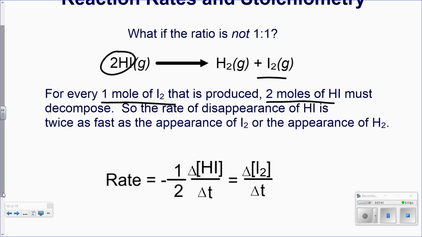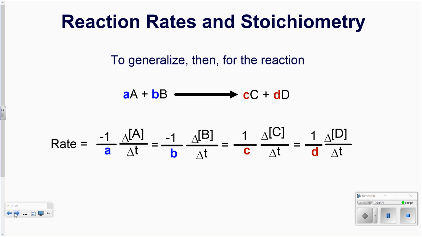So the rate of disappearance of HI is twice as fast as the appearance of I2, in this case, or H2. So this will be consumed twice as fast, and this will appear half as fast, if you want to consider it that way. So you must consider the stoichiometry when we talk about this stuff.